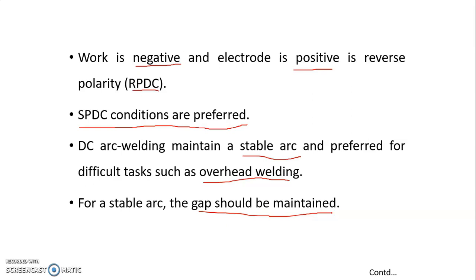As the electrode melts, the arc length and the electrical resistance of the arc path will vary. To maintain a stable arc and satisfactory welding condition, the electrode must be moved toward the work at a controlled rate.